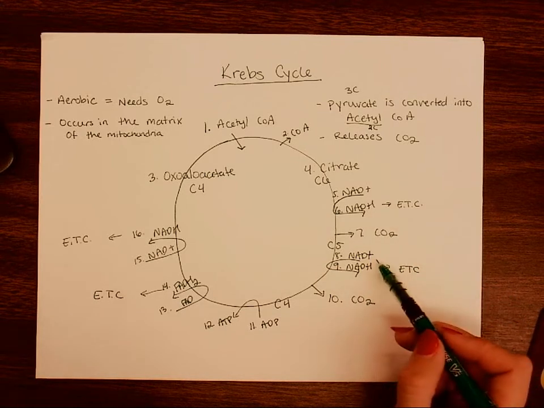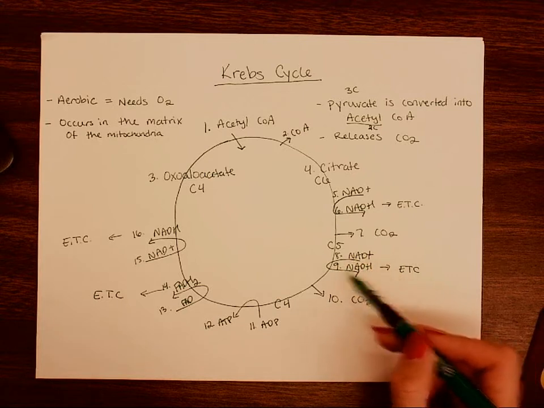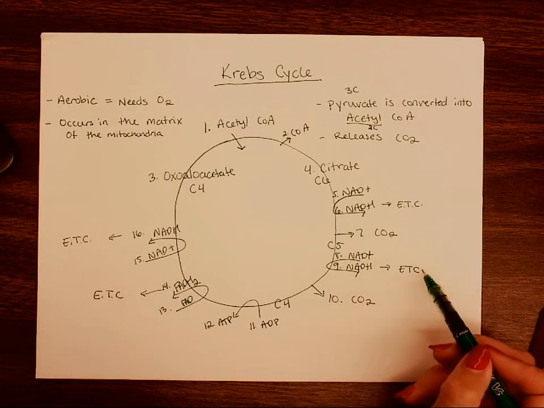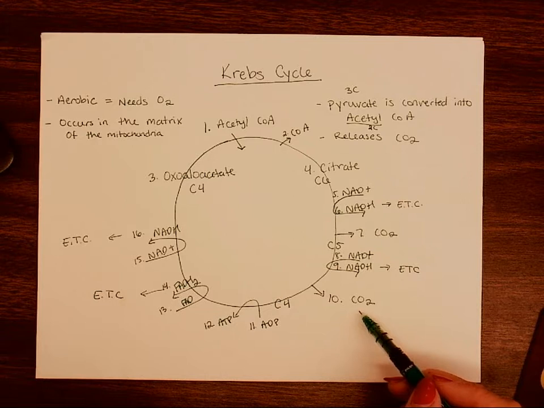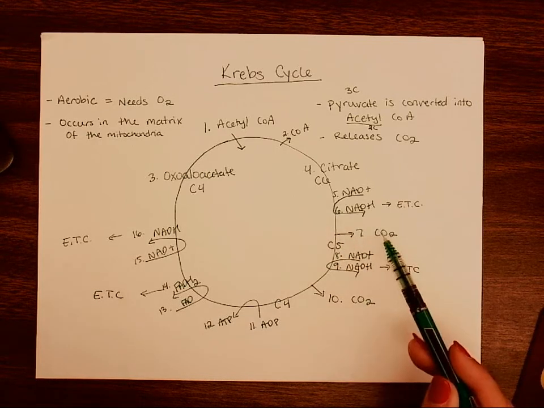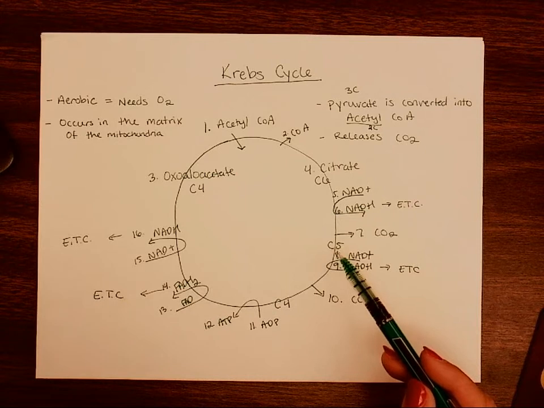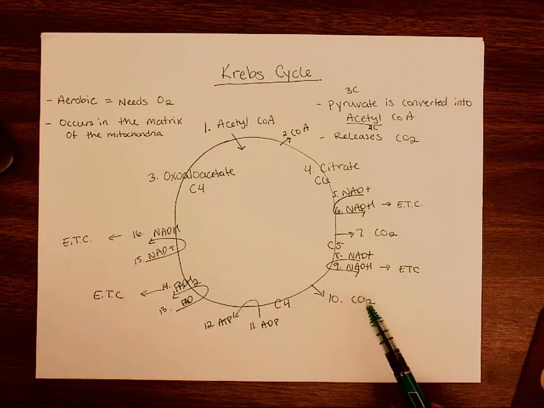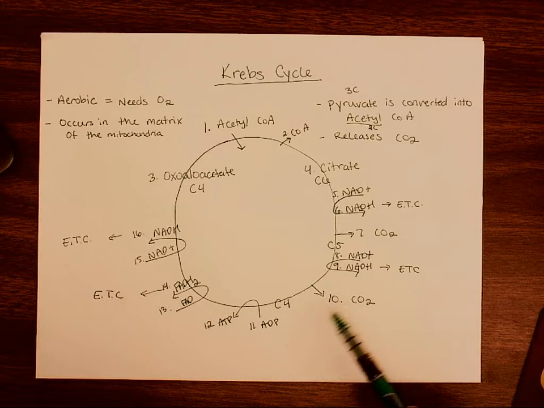We see this step happens again. NAD plus takes electrons, turns into NADH, goes to the ETC, carbon dioxide is released. So going from 6-carbon, releasing a carbon dioxide, down to a 5-carbon molecule. Same thing, release a carbon dioxide, we're down to a 4-carbon molecule.